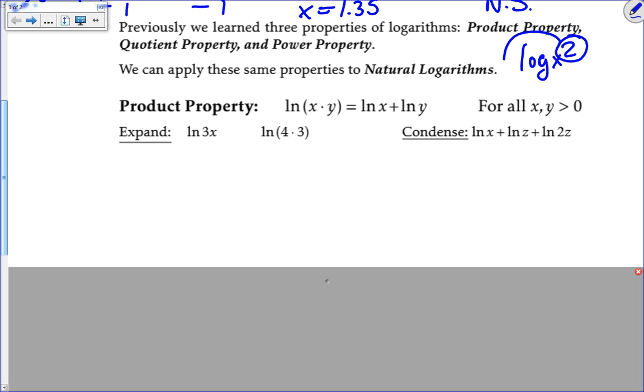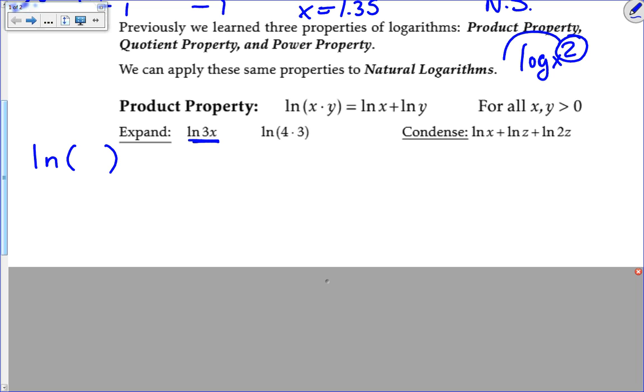So let's first look at, if we want to expand this one, the ln of 3x. How can we do that? What's it going to be? We want to break that up into more than one natural log. How would we break this up using this property? So we're going to have the natural log of something, right?